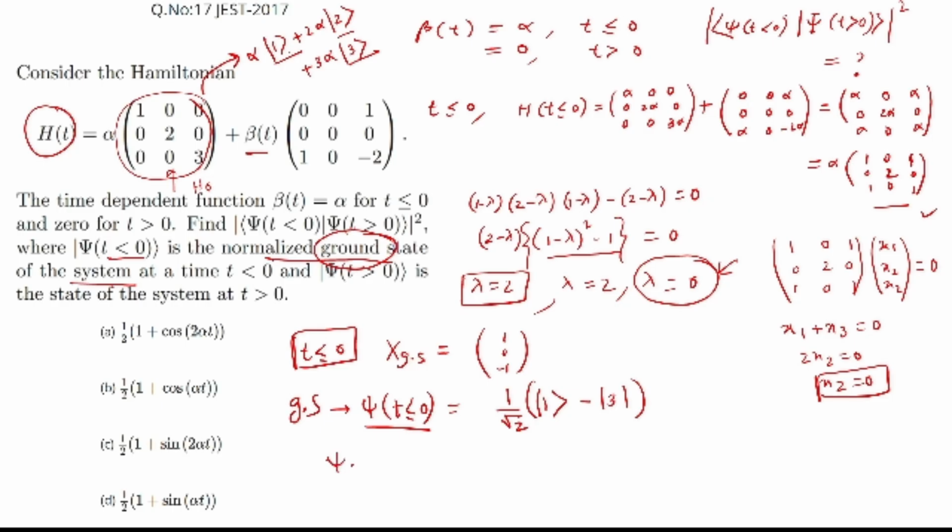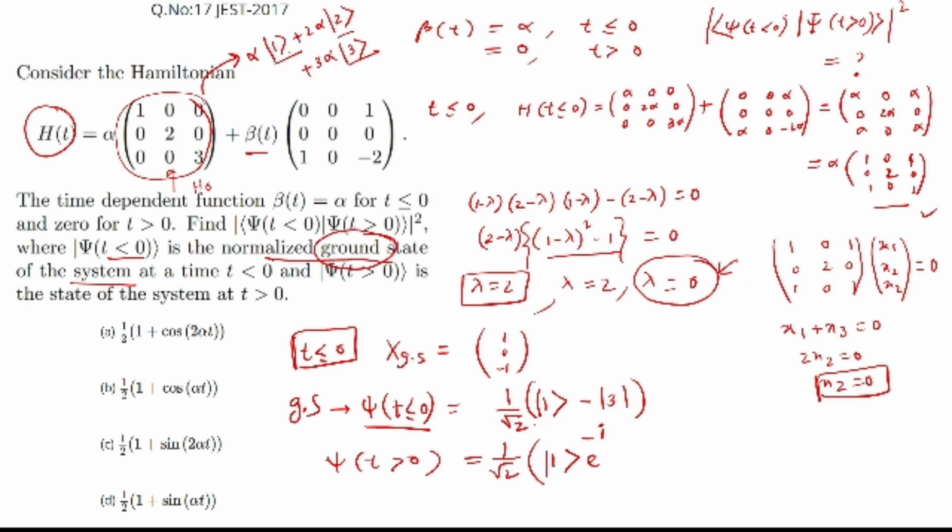So psi of t, when t is greater than 0, we can write it this way: 1 by root 2 times e to the power minus iota E_n t by h cross. What will be the energy corresponding to this state?